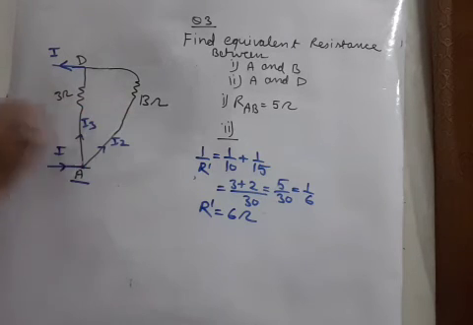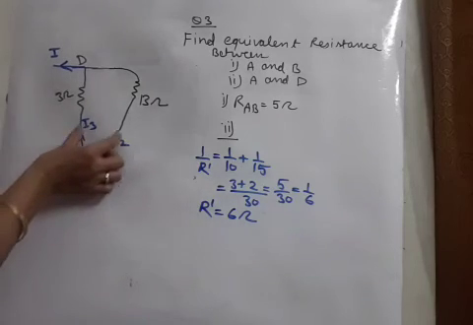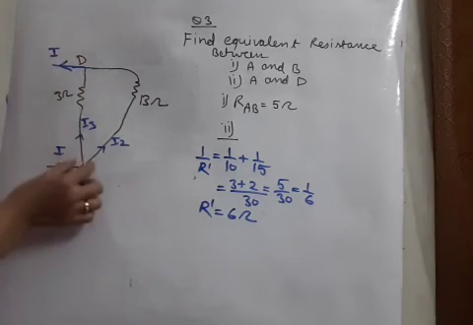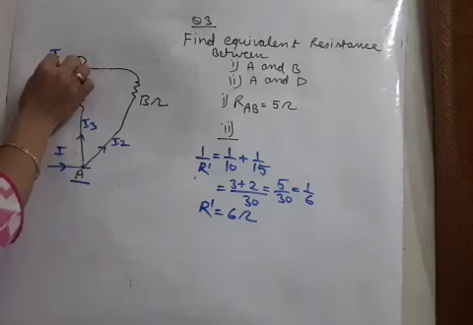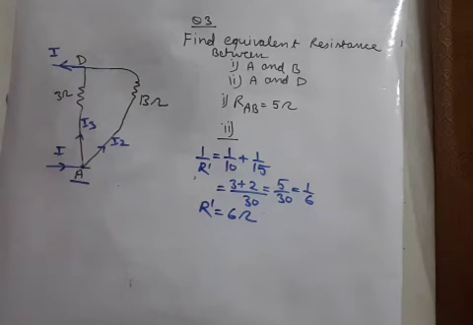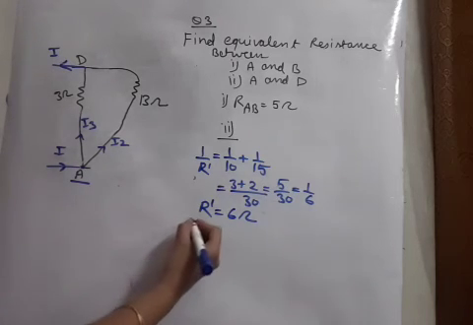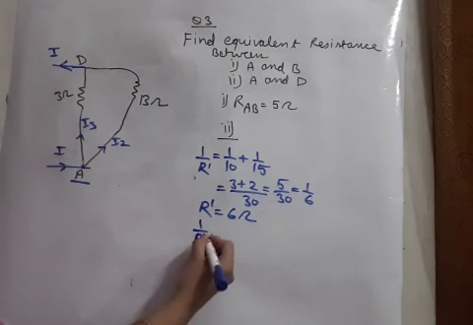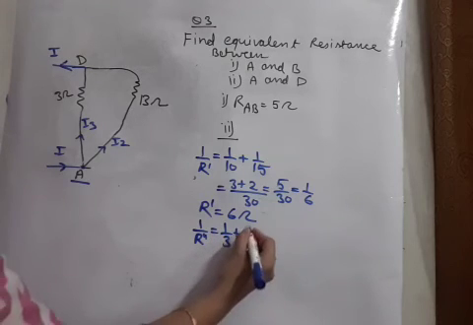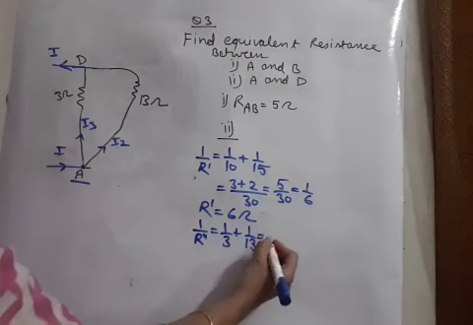Lastly, we are left with two resistances, 13 and 3. What do you feel? Are they in series or in parallel? They are in parallel because here are two branches and then again adding. So current is dividing and adding. So 13 and 3 are in parallel. We will find their net answer by reciprocal addition. So 1 by R double dash is 1 by 3 plus 1 by 13.